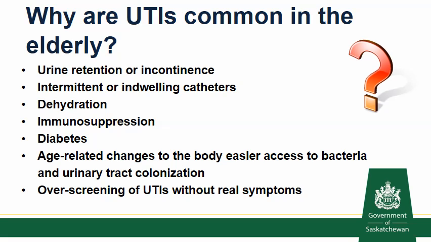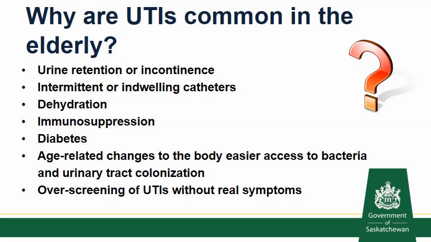Age-related changes that make urinary tract infections more common in the elderly are changes in bladder function like urinary retention or incontinence. Having an intermittent or indwelling catheter makes you more likely to have a UTI. Being dehydrated or not receiving adequate fluids to flush out our bladders reduces the bladder's ability to get rid of the bacteria.